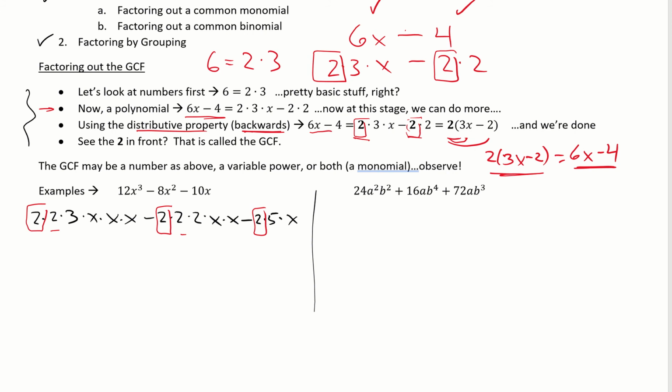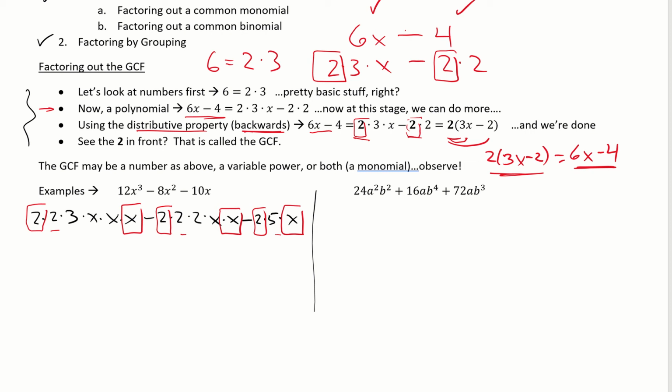He's got some extra 2s. And this guy over here has a 5. Okay. So really the only common factor we have is 2. Wait, what about the x's? Let's see. Yeah, everyone has an x, but this guy on the end only has one x. So the only thing that's common to all 3 terms is a 2 and an x.